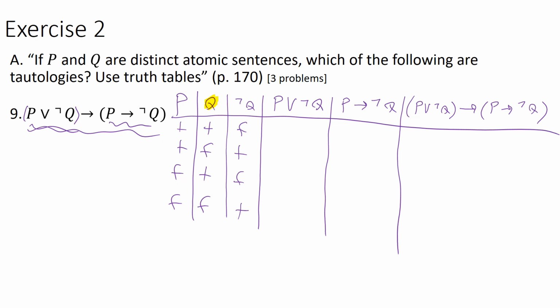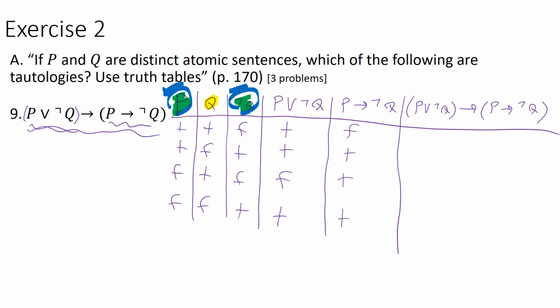Now we have a disjunction, and we're dealing with this column P and this column not Q. So true or false is true, true or true is true, false or false is false, false or true is true. Now we have a conditional, if P then not Q, so this column and this column. So this column here is the antecedent and this is the consequent. So true, false is false, true, true is true, false, false is true, false, true is true.